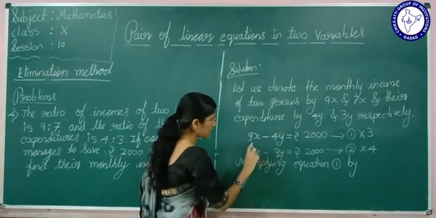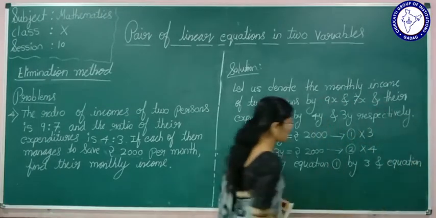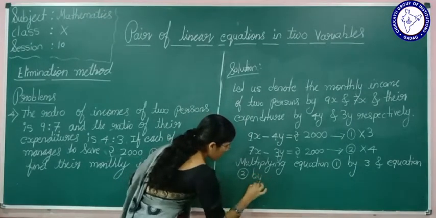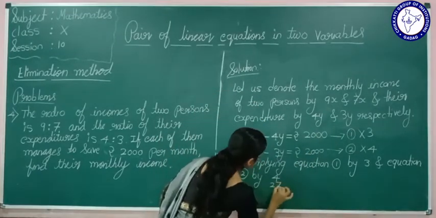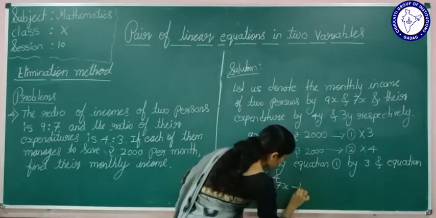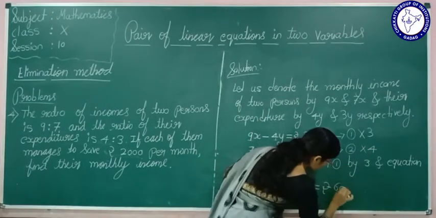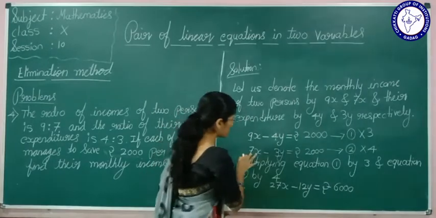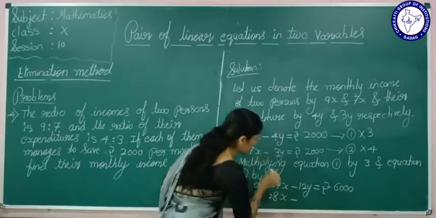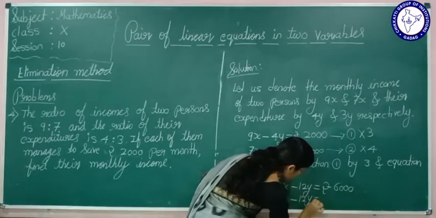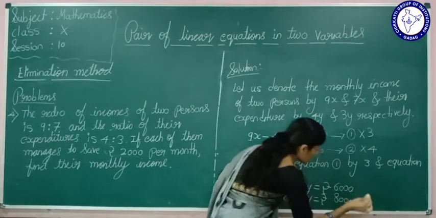Now multiply it. Multiplying equation 1 by 3 and equation 2 by 4, what will we get, students? 9 3s are 27x, 4 3s are 12y is equal to rupees, 2 3s are 6, it will now become 6,000. 7x into 4, 7 4s are 28x, minus 3 4s are 12y is equal to rupees 4 2s are 8, it is 8,000.